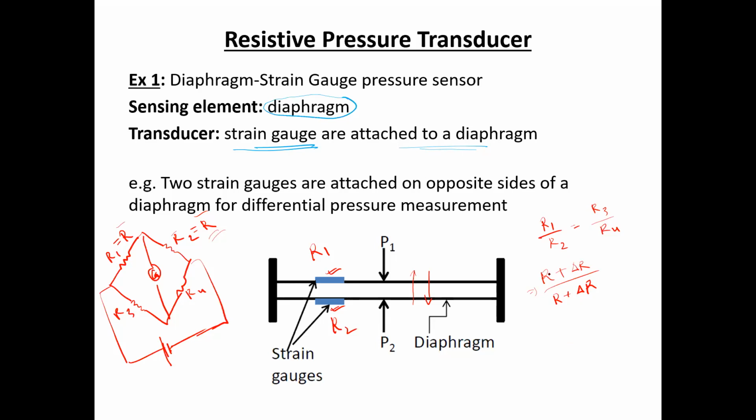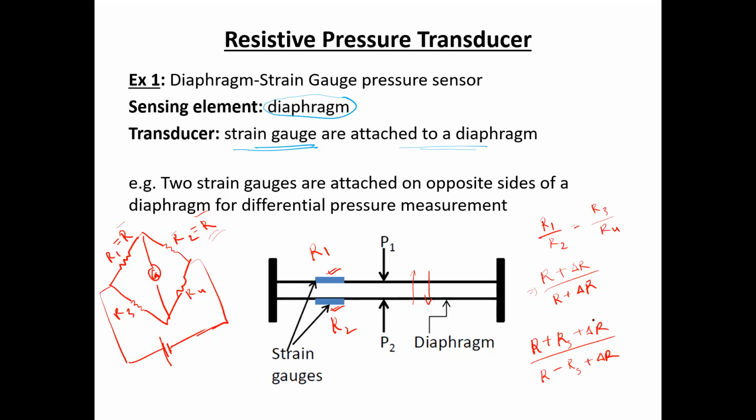Now suppose some strain is also applied. Due to the applied stress or strain, there would be further variation in the resistance of R1 and R2. Suppose Rs represents the change due to strain, and one of the strain gauges has its value slightly increased, while the other one has its value slightly decreased.